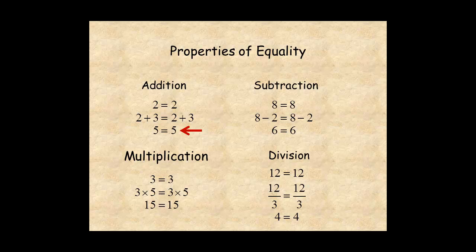Notice that if you add 3 to one side and 4 to the other side, the equation becomes false. For each of these other examples, subtraction, multiplication, and division, you can see that if you perform the same operation on both sides, the equations remain true.